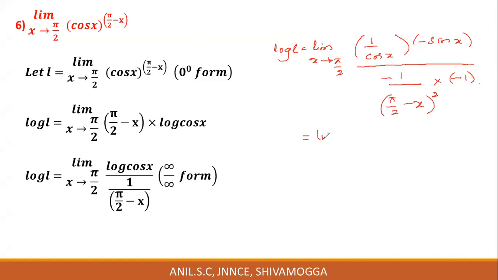Therefore, this is equal to limit x tends to pi by 2 of minus sin x divided by cos x, which is minus tan x. Minus into minus gives plus, 1 divided by pi by 2 minus x whole square.